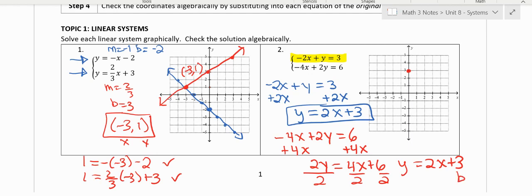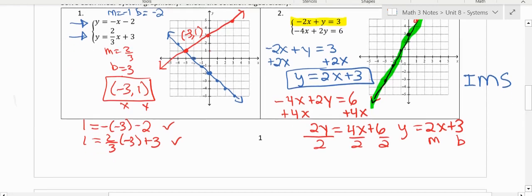So I would start at 3 as my b, my slope is 2, and then I get the same equation twice. So I don't really have to graph it twice, I know it's the same, but what our solution would then be is infinitely many solutions. I'm going to write IMS, which means infinitely many solutions. So lots of answers would work.